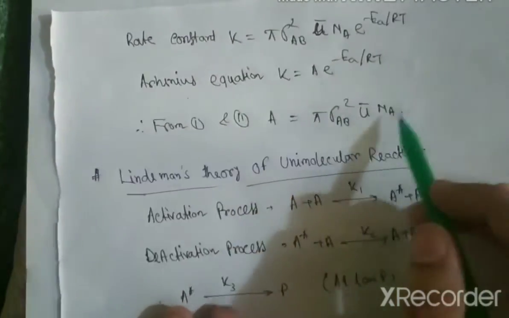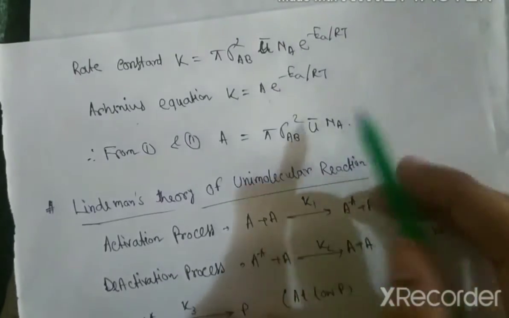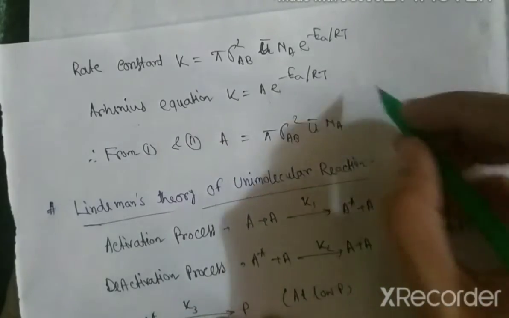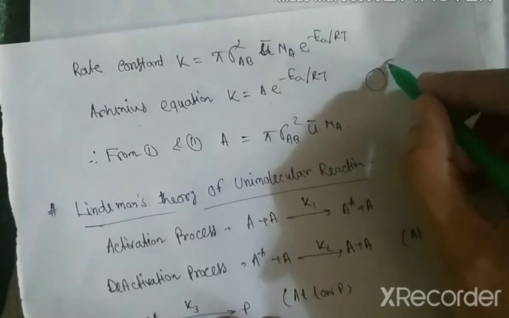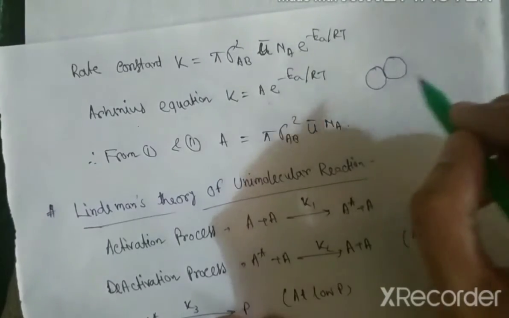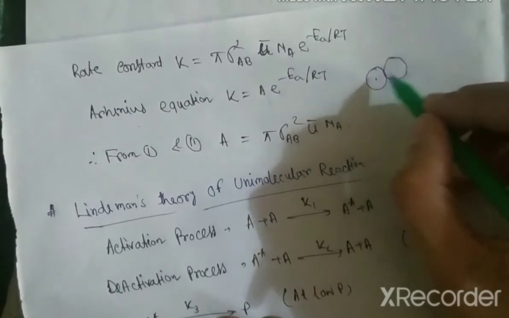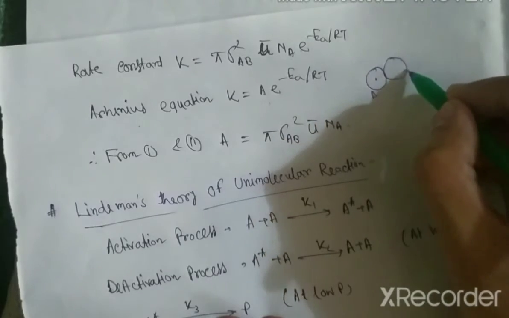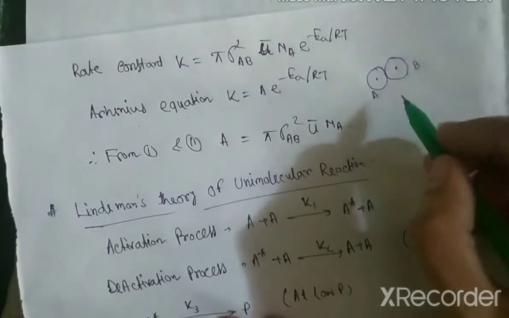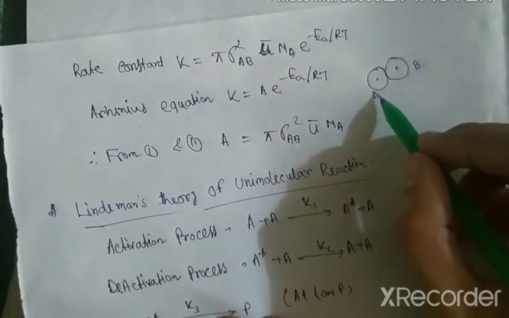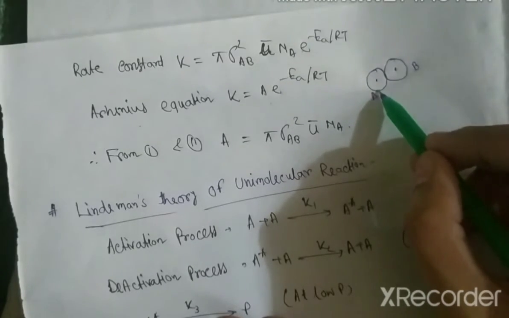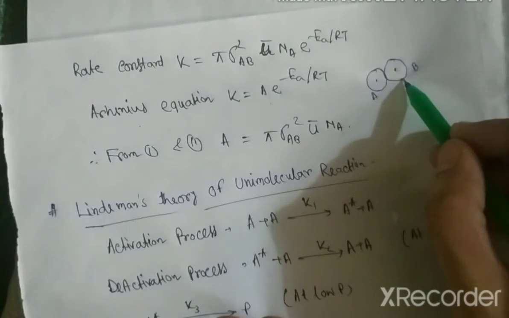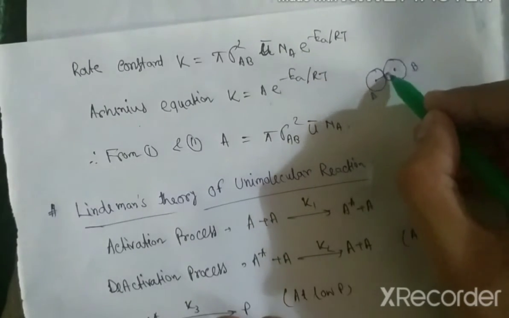Now how can we calculate sigma_AB? Suppose it is a molecule A and it is a molecule B. This is the nucleus of A and this is the nucleus of B, and sigma is the distance from the nucleus of one atom to the nucleus of another atom, that is from here to here.